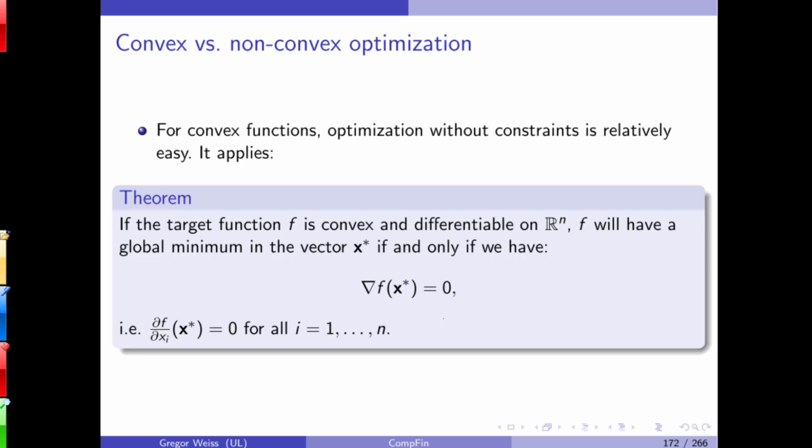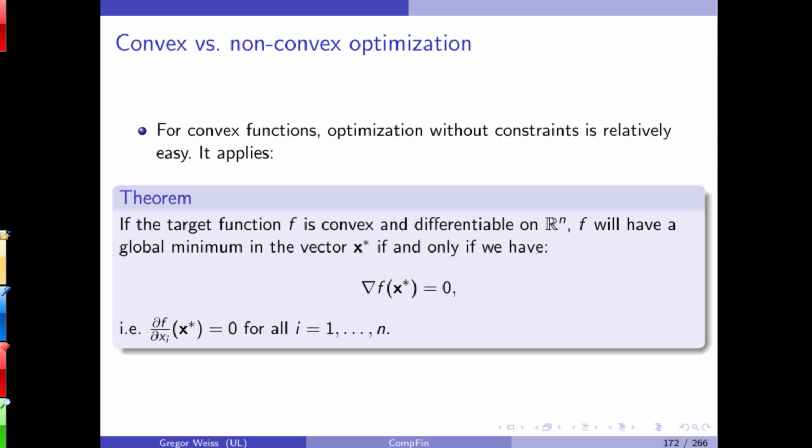Now, for convex functions in the real numbers, obviously, optimization without constraints is quite easy. We have the following theorem. If the objective function is convex and differentiable on the n-dimensional real numbers, f will have a global minimum in the vector x star if and only if we have that the gradient of f at x star is 0.